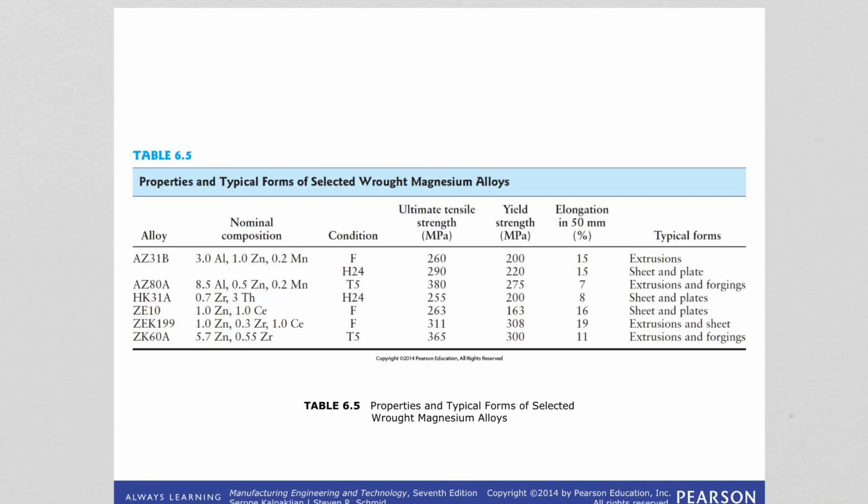In this table we are also given the strength values, ductilities, and typical forms of magnesium we obtain, like extrusion, sheet, and forging.